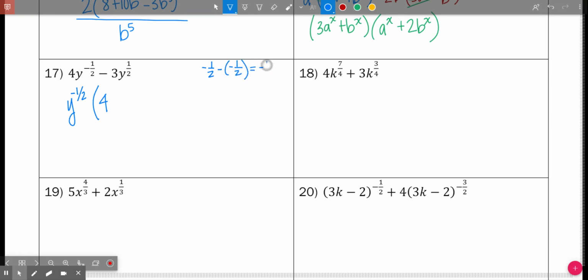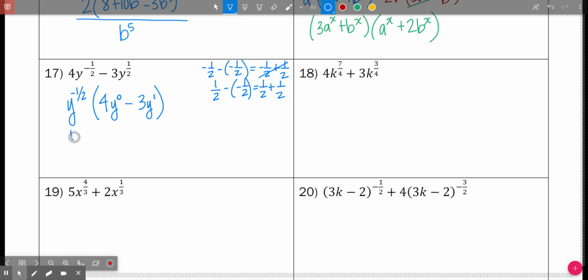Well, that's negative 1/2 plus 1/2, which is 0. So this will be y to the 0 power minus, there's nothing that divides the 3, and now I have 1/2 minus negative 1/2, which is 1/2 plus 1/2, which is 1. So this is y to the first power.